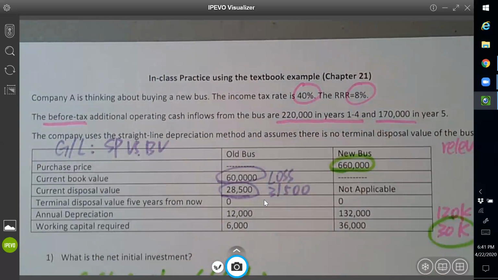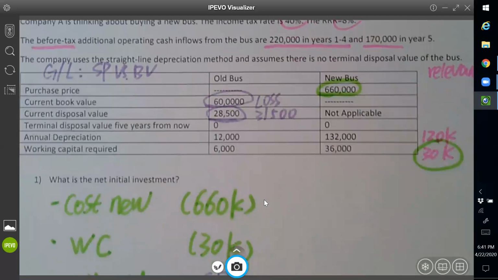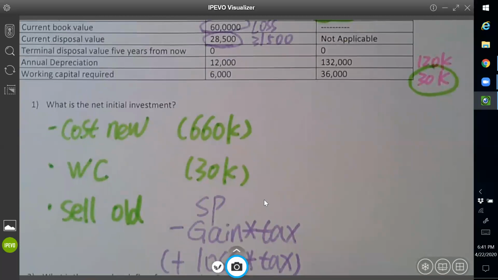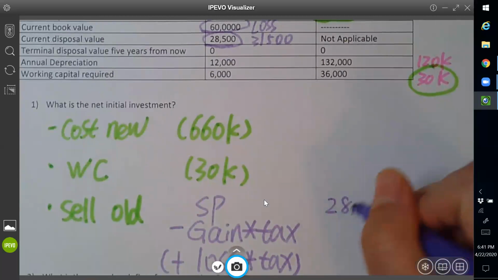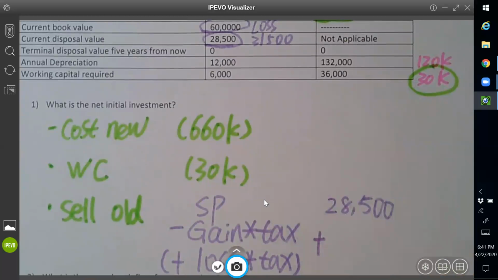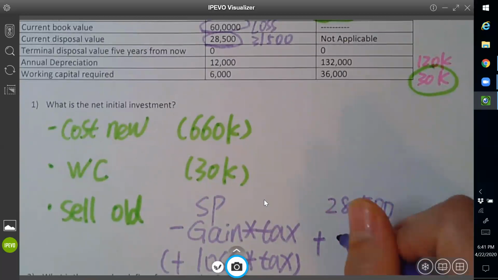Because of the loss, we will pay less tax. So we have a tax saving from this loss. That's the reason we have to add the tax saving because of this loss. So we do the adjustment. Selling price 28,500. We have a loss. We add the tax saving from the loss.